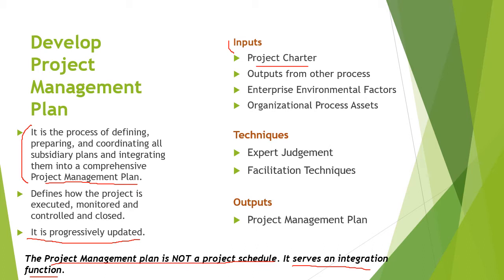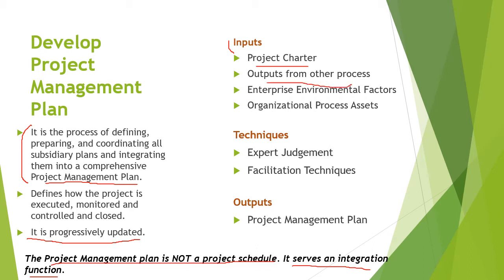The project charter contains everything. As we discussed, it has all the high level assumptions, constraints, risks, list of deliverables, and milestone schedules. So every basic piece of information that is required to develop a project management plan is available in the project charter, right? Second is outputs from other processes.